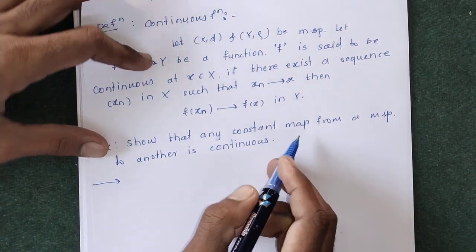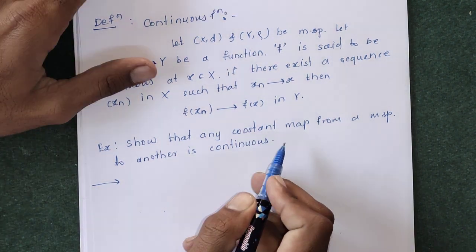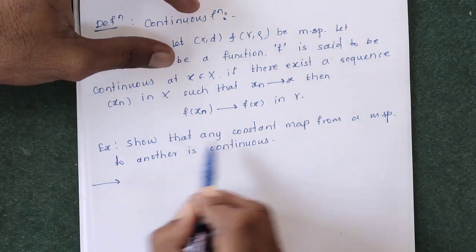So here X and Y are two metric spaces and f from X to Y is a function, and we have to show that if that function is a constant function, that is f of x is equal to some c for all x belongs to the domain, then it is continuous. Let X and Y be two metric spaces and f from X to Y be a constant map.